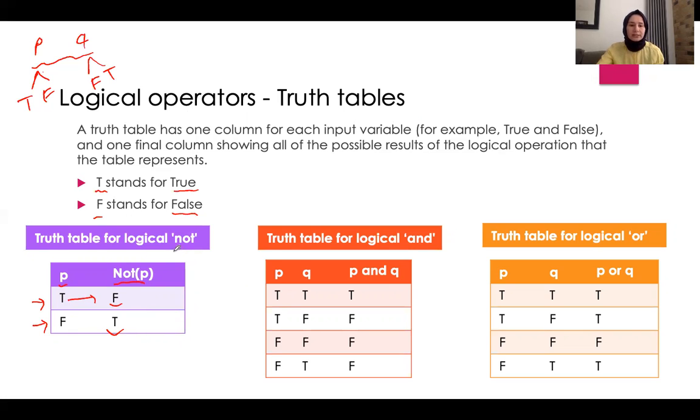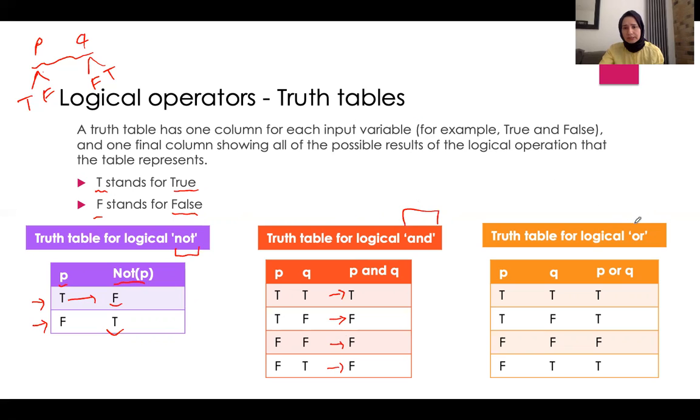This is a logical NOT, basically. And we have a logical AND: true and true equals true. True and false is false. False and false is false. False and true is false. So those are something that you need to learn.